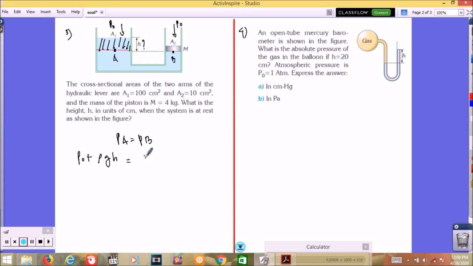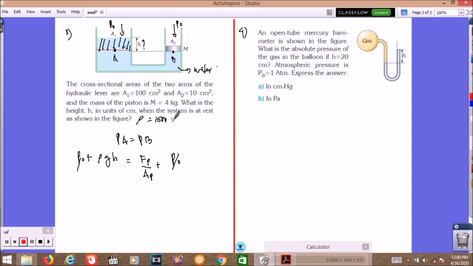This equals, above point B, the pressure from this piston. The pressure from the piston is the force of the piston over the area of the piston, plus P0. You can cancel the P0, the pressure from the atmosphere, directly. Rho g h, the fluid here is water, where the rho of water is 1000 kilograms per meter cubed.